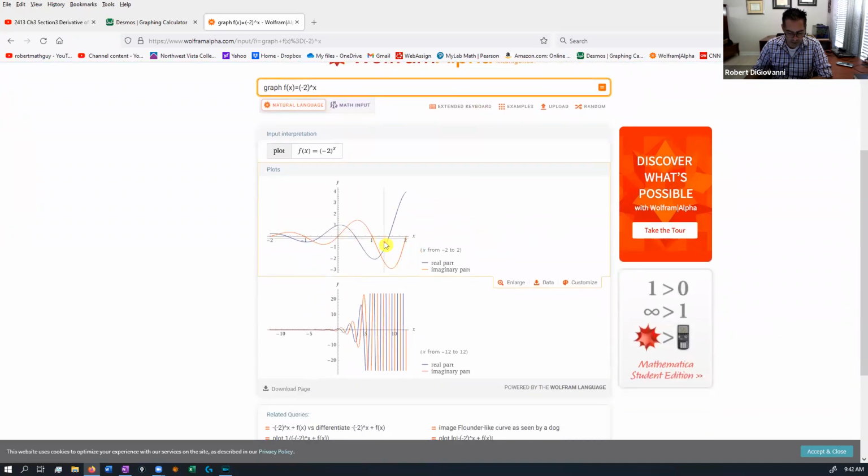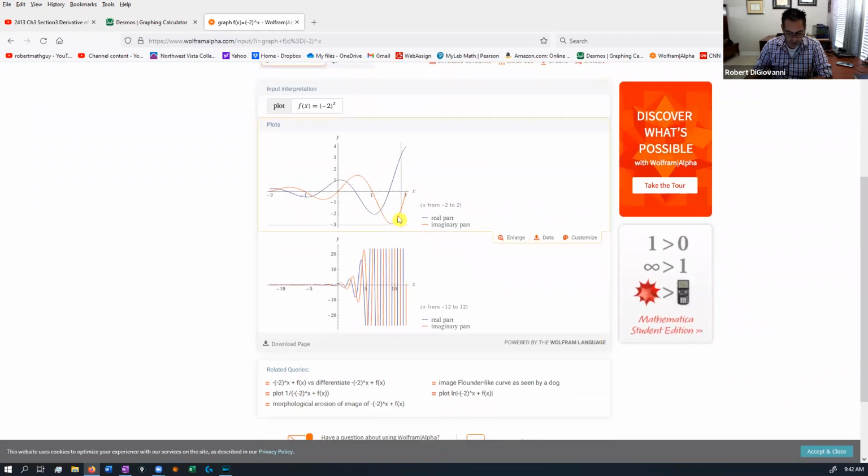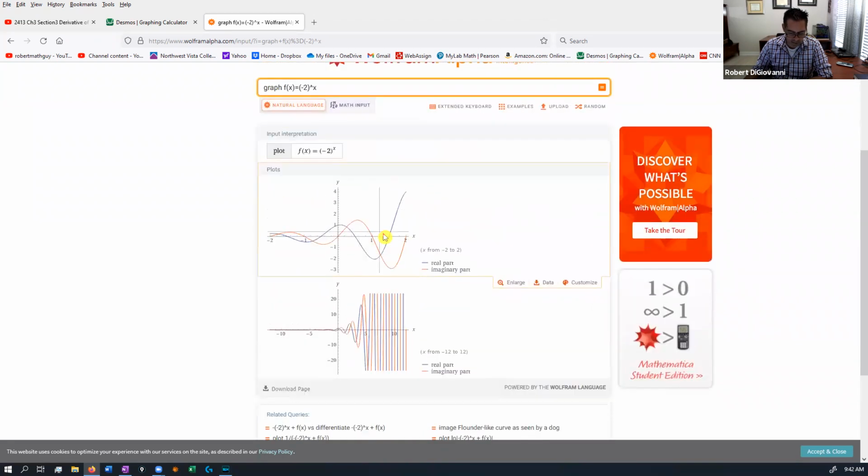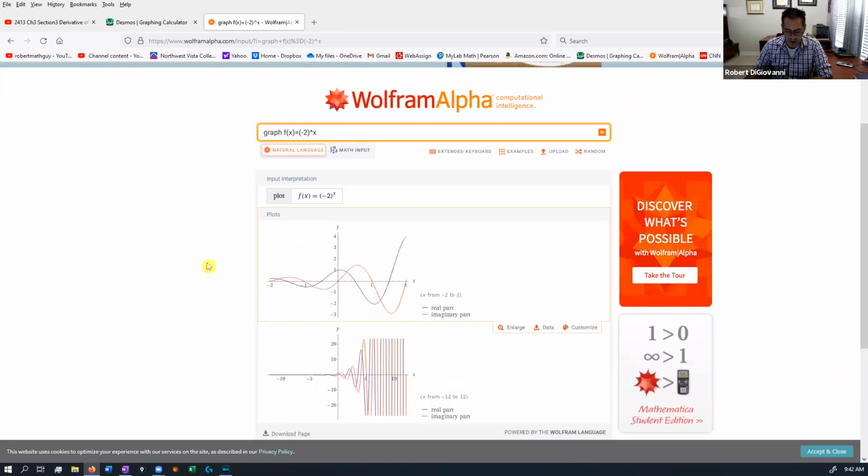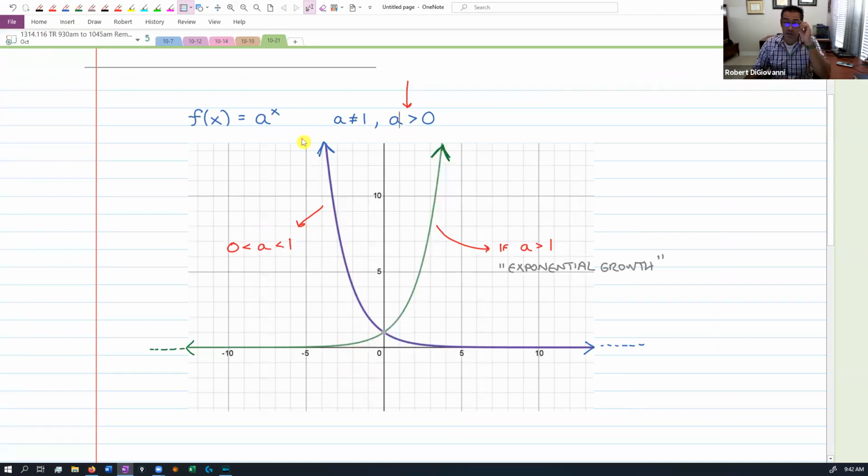That's not the graph. I see what they're doing there. Yeah, this is not it, it can't do it either. It's having trouble. So that's why we have to make sure that when we're talking about exponential functions, our bases are positive numbers, because as soon as you go negative, things get weird.